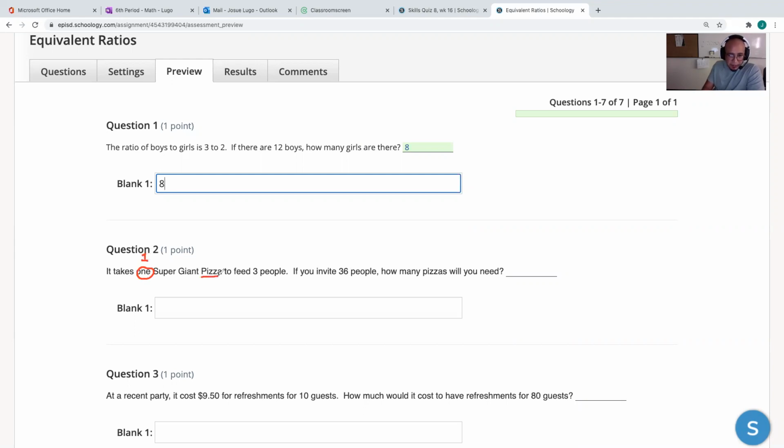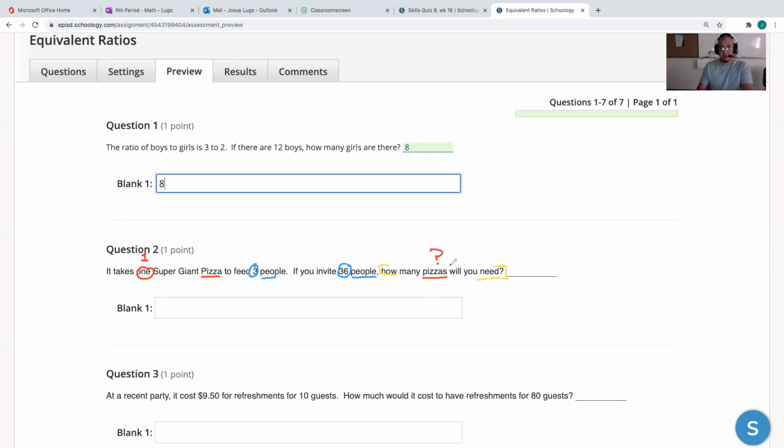One supergiant pizza. So one pizza to feed 3 people. Okay. If you invite 36 people, the question, we put it in brackets, how many pizzas do you need?